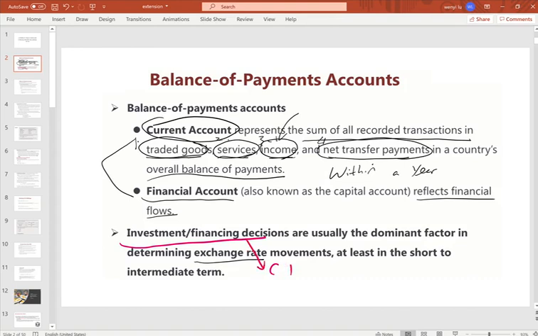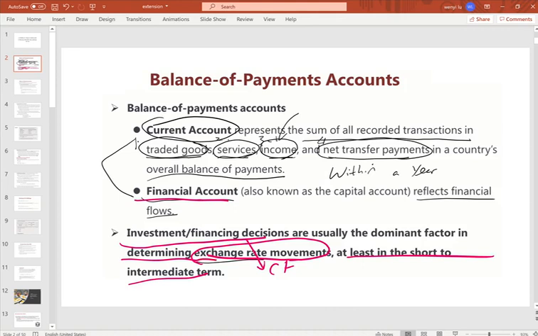So our investment and financing decisions are more relevant to exchange rate movements in the short and intermediate term. That's why the financial account is more important in determining exchange rate movement.